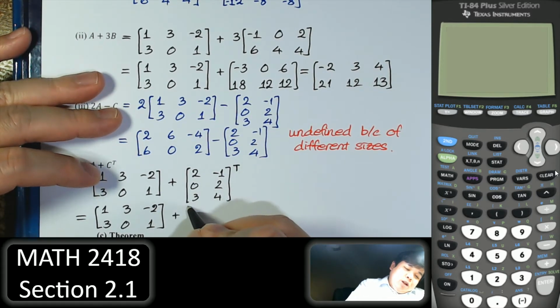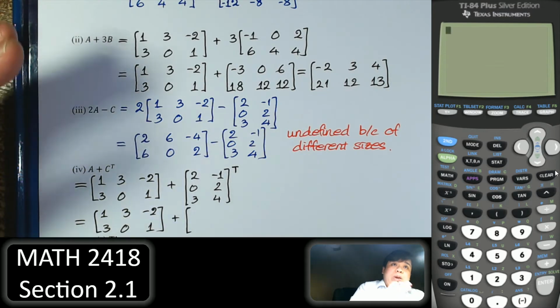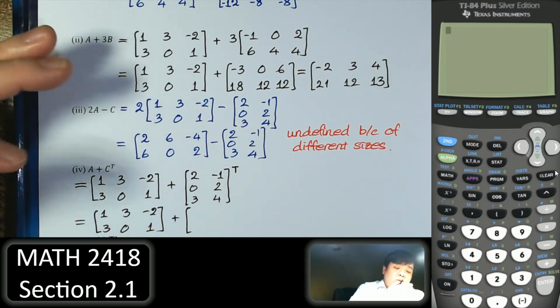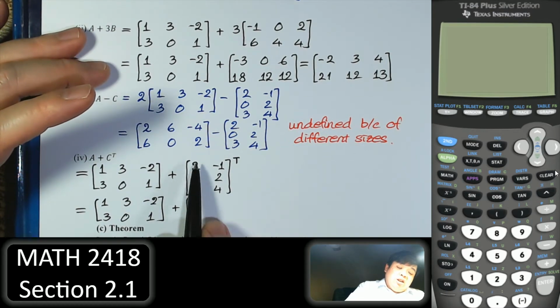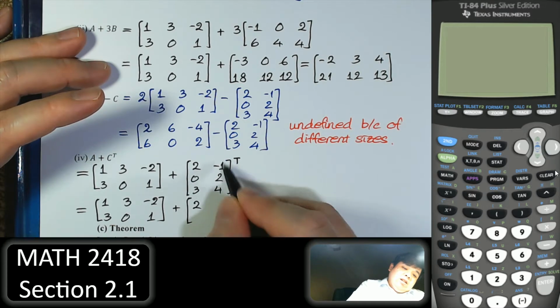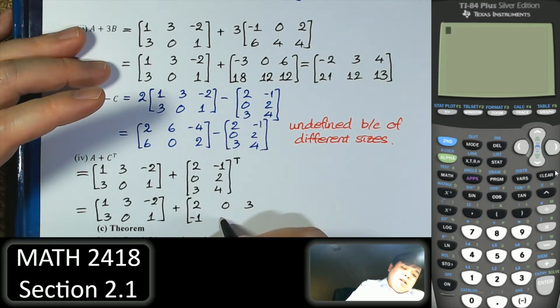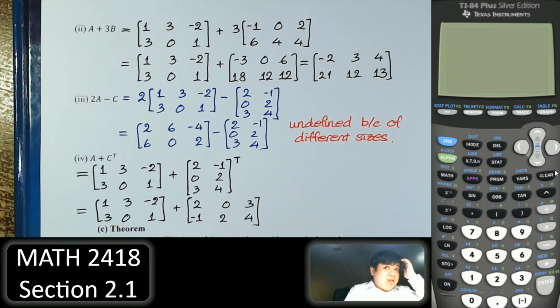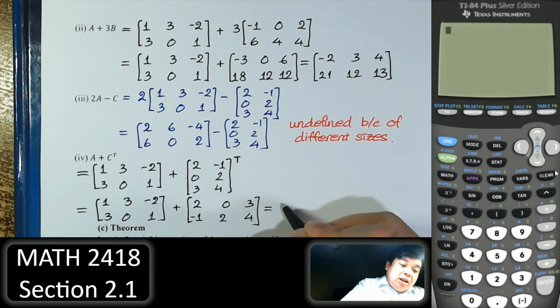Right, now transpose. Transpose means the row becomes a column and the column becomes a row. So 2, 0, 3, that's the first column. We can write that as the first row. And the second column turns into the second row. Now we do have the same size matrices, so we can add them.